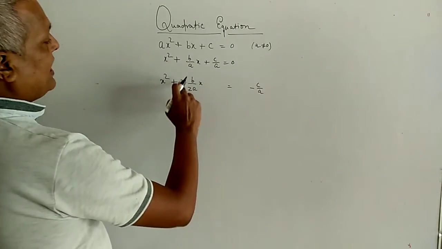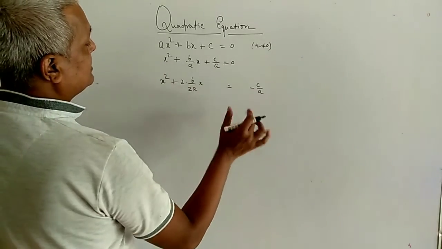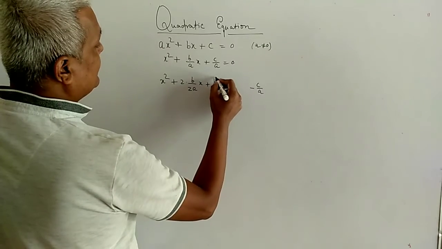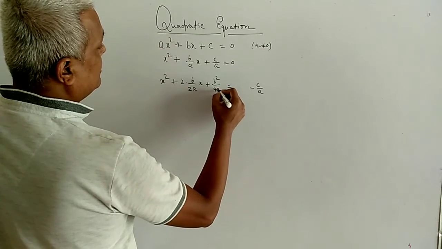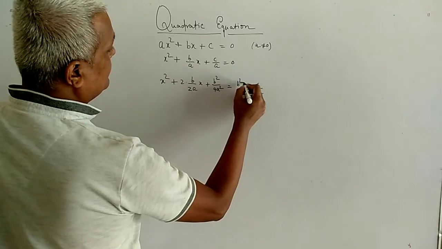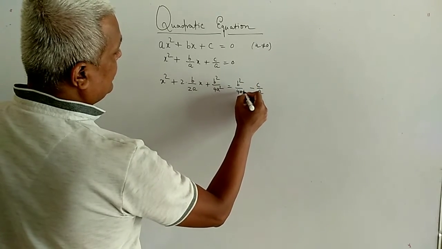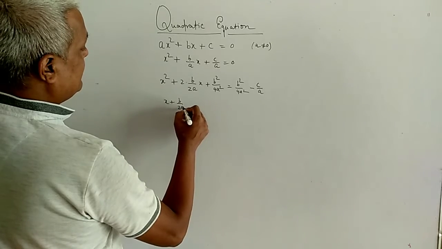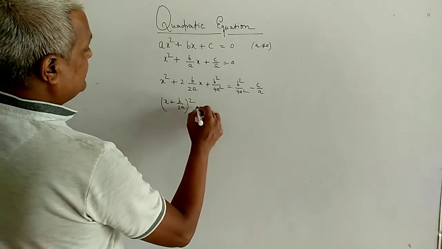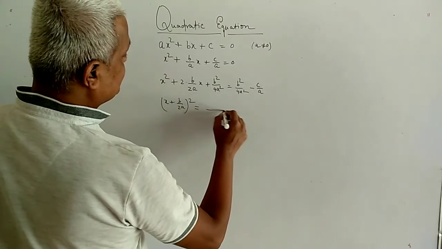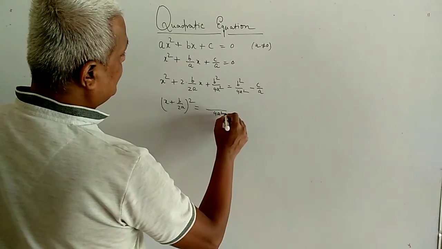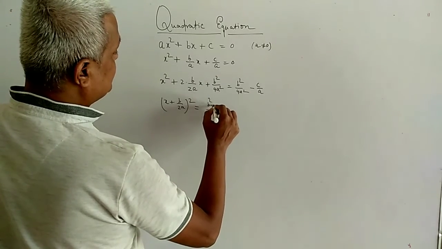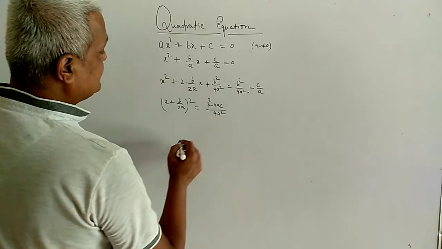Now I have to add the square of this, so I'll do the same thing on both sides. So I'll add b square over 4a square. This is also b square over 4a square. So this becomes x plus b by 2a whole square is equal to, if you take the LCM, you will get 4a square, that is b square minus 4ac.